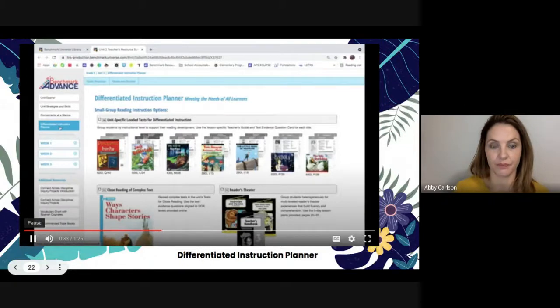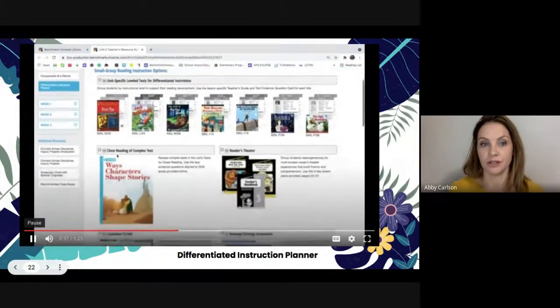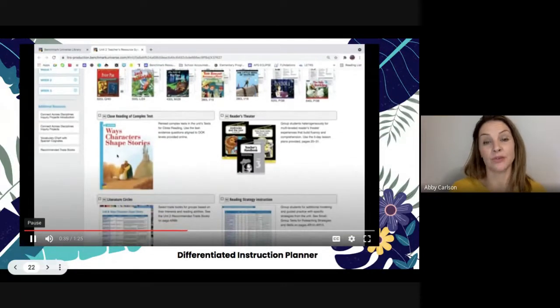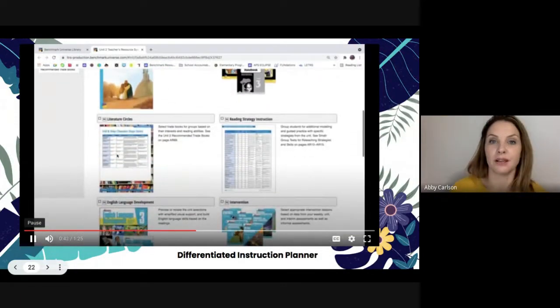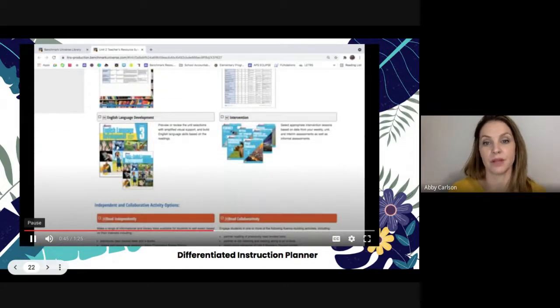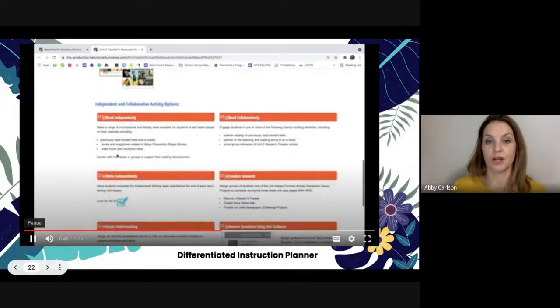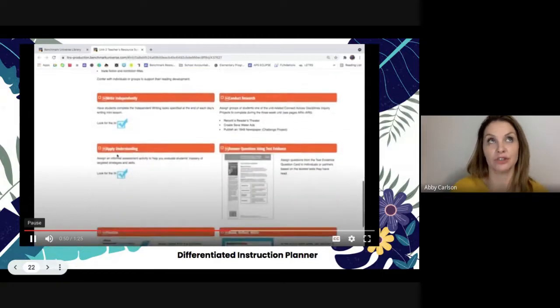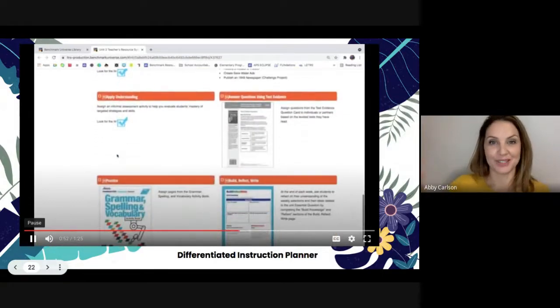You can see all the different leveled readers that students can read independently, read aloud, or read in small group, as well as different activities for students to engage in outside of the teacher-led group.